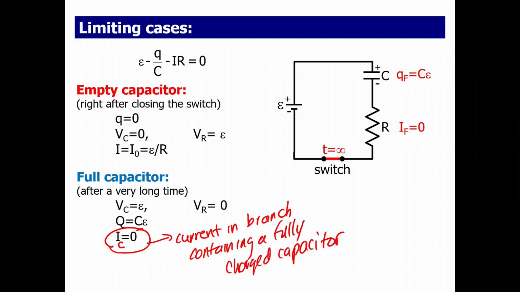In this case, you have no current flowing through the branch with the capacitor. Any resistor is going to have its voltage equal to 0, because the voltage of the resistor is I times R. So if there's no current flowing through that resistor, then the voltage for that resistor is also 0.